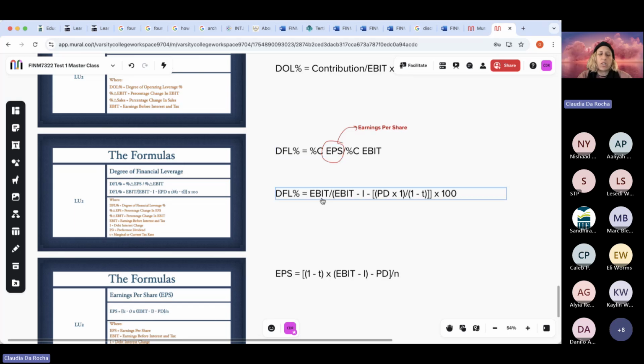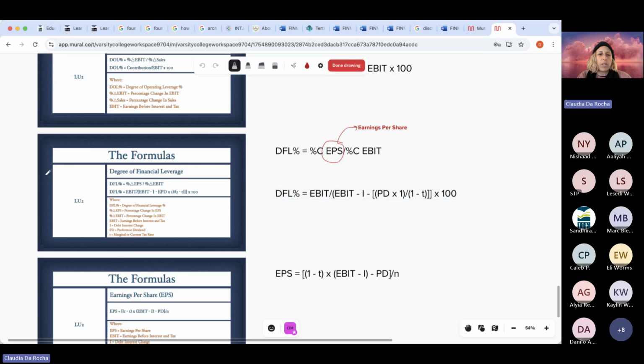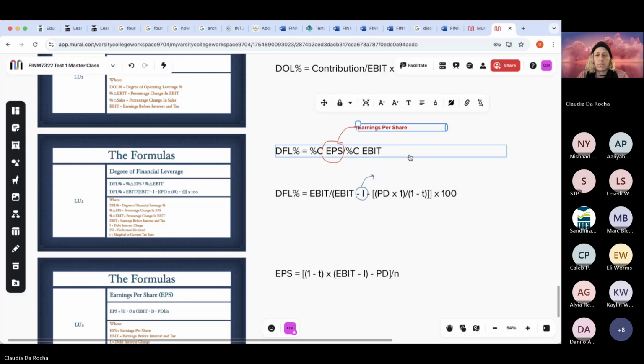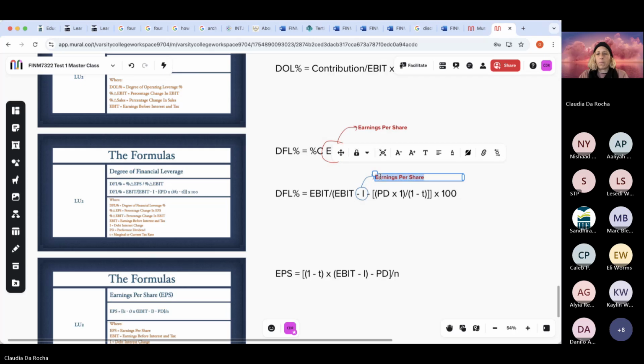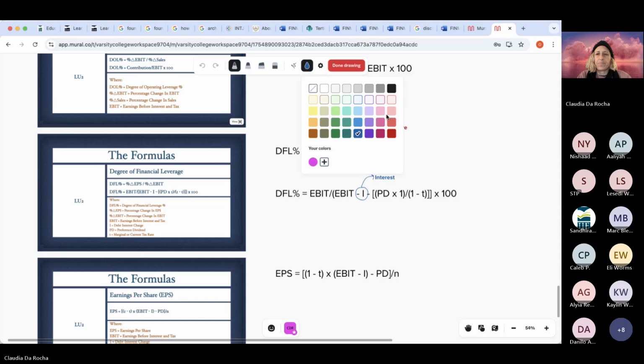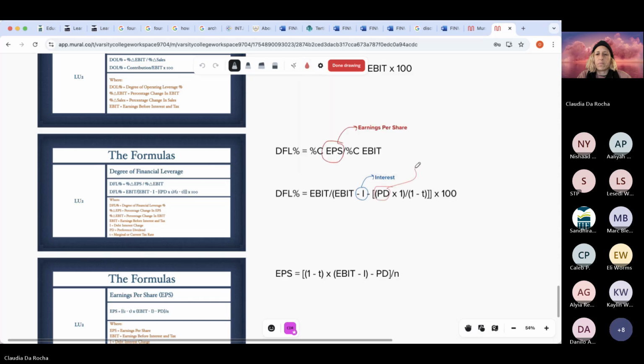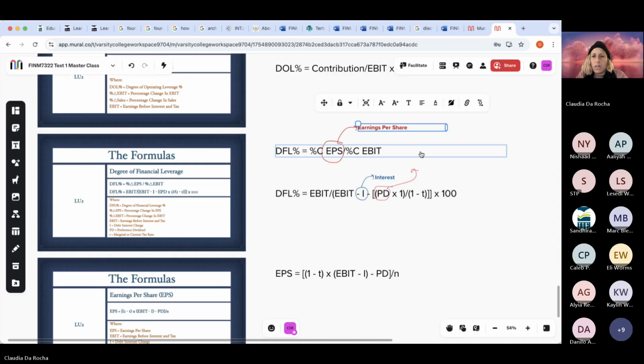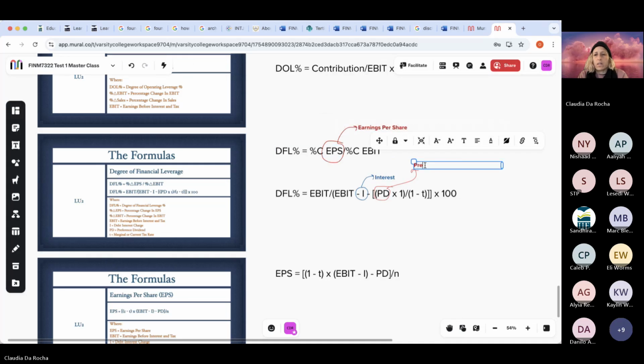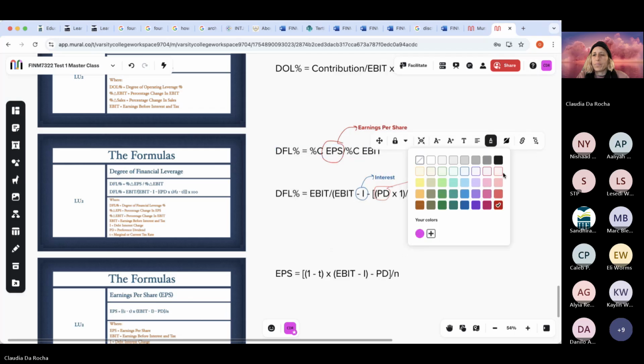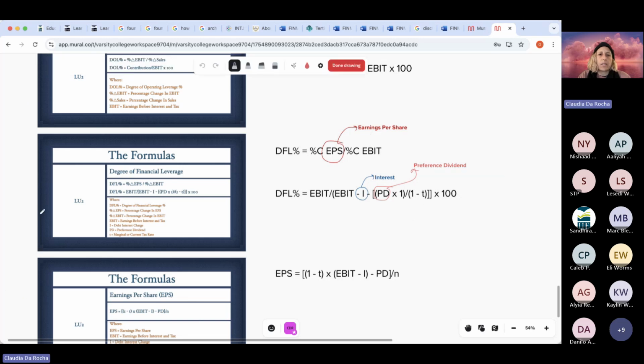And then here you've got your EBIT, or the other formula, which is EBIT divided by EBIT minus I, being your interest, your PD being your preference dividend, and then T being your tax.